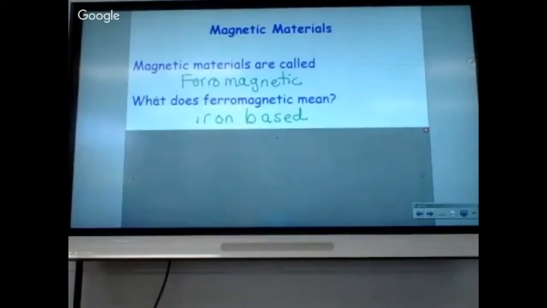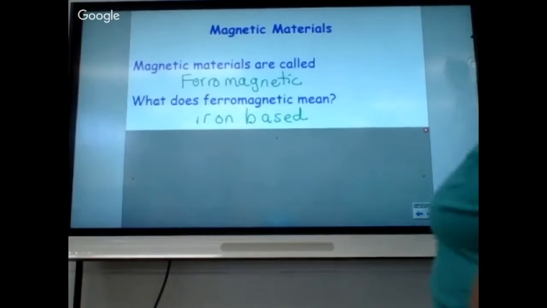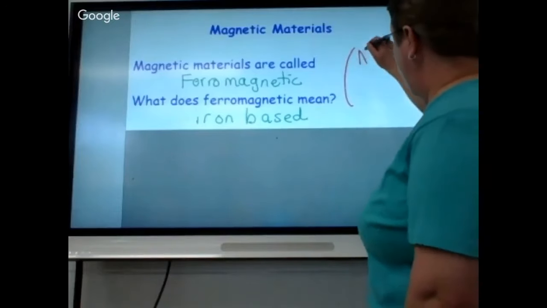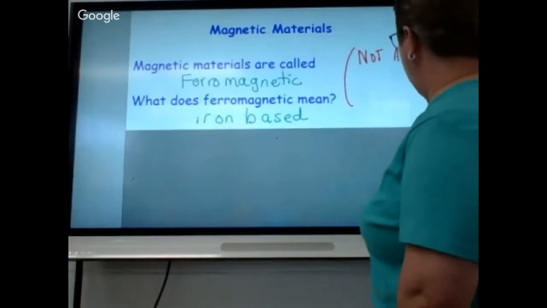Now, not all metals are magnets. That is the biggest thing that I want to point out. Most people think that all metals are magnets. Not all metals are.